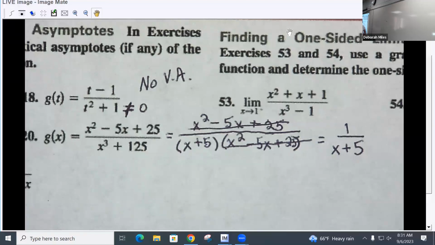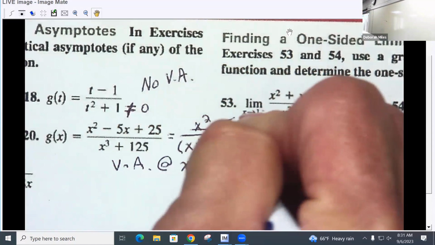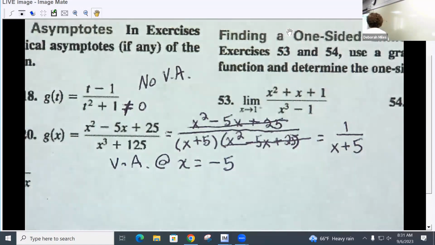There are no holes in the graph, but there is a vertical asymptote at x equals -5. A non-removable discontinuity in a rational function.